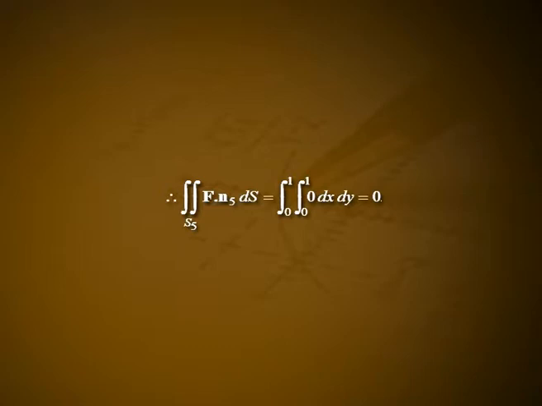On S5, n5 = -k, z = 0. Therefore, f = (x + y)i + xj, and x varies from 0 to 1 and y varies from 0 to 1. Therefore, double integral over S5 of f dot n5 dS is equal to integral 0 to 1 integral 0 to 1 0 dx dy, which is equal to 0.